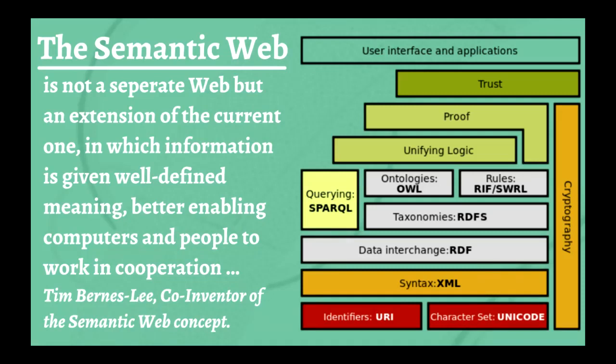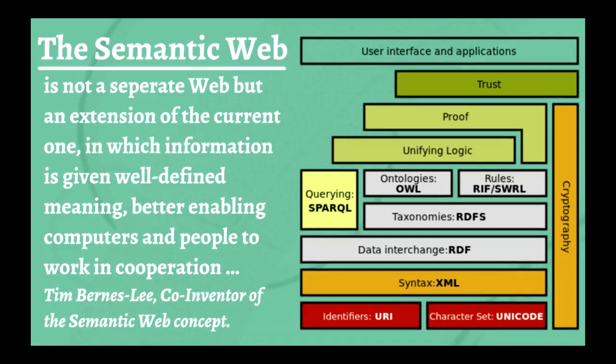The querying can happen with both RDF and SPARQL. The ontologies in the original DBpedia ontology were based on OWL. And as you see, as we go up through the blocks, at the very top is trust. And above trust is that we supply users with trustworthy interfaces and reliable applications.